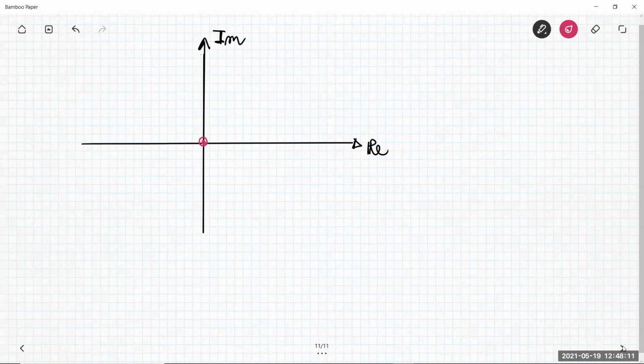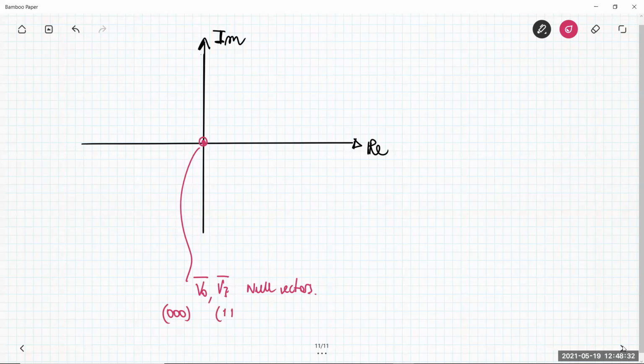Here you have the vector V0 and the vector V7. They are the null space vectors. The switching words are 0, 0, 0 and 1, 1, 1.